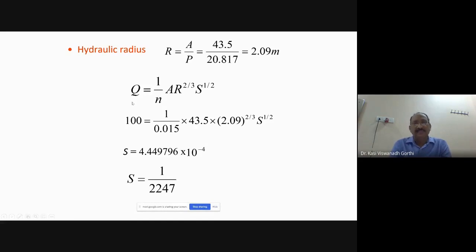Q is 100; 1 by N is 1 by 0.015, into wetted area A, the area of the flow section, 43.5, into R to the power 2/3, R is 2.09, to the power 2/3, into S to the power half. Solve for S: one equation, one unknown. The value of S may be expressed as a fraction or as a decimal: 0.0004449796 or 1 by 2247.